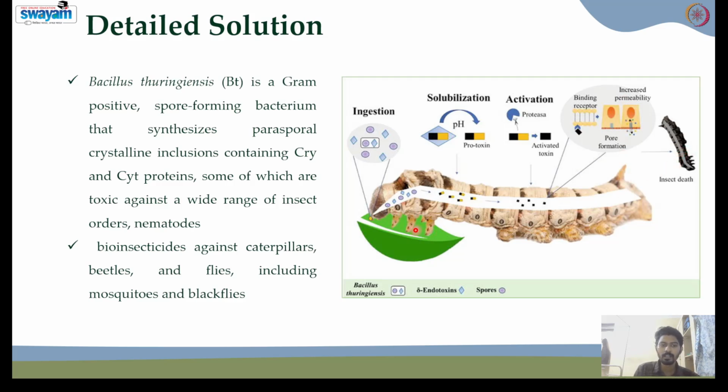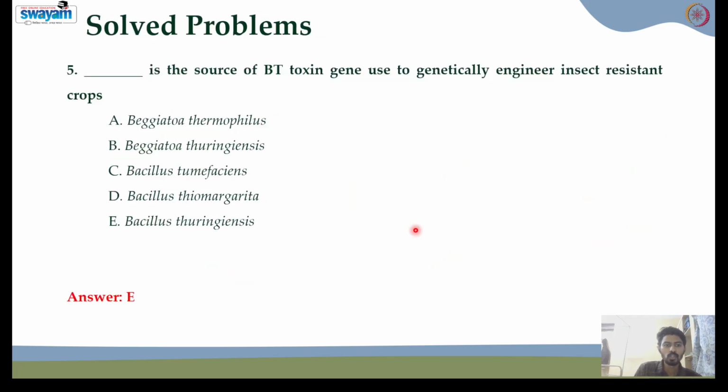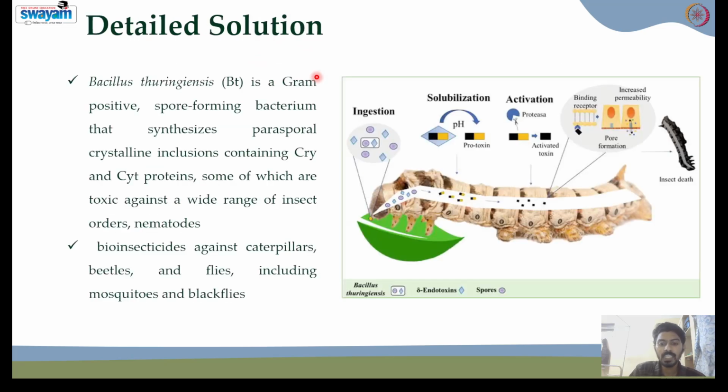So Bt toxin acts as a bioinsecticide against various insects like caterpillars, beetles, flies, which includes mosquitoes and black flies. So Bacillus thuringiensis is the source of Bt toxin, which can be used to genetically engineer insect resistant crops. Here we are modifying the crops by genetic engineering.